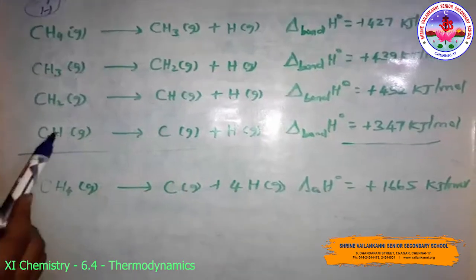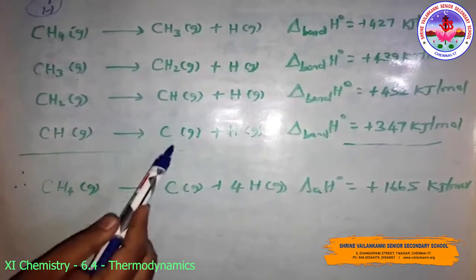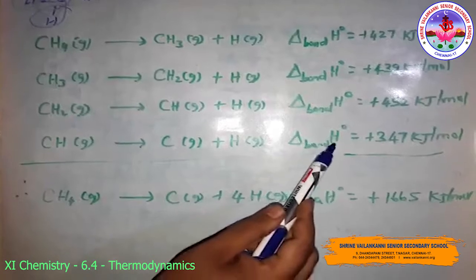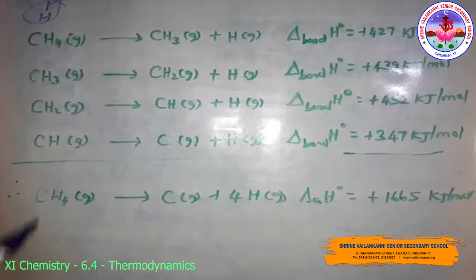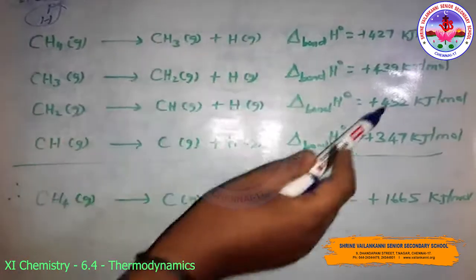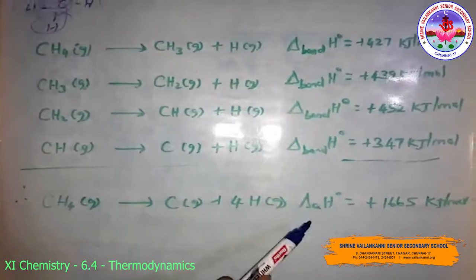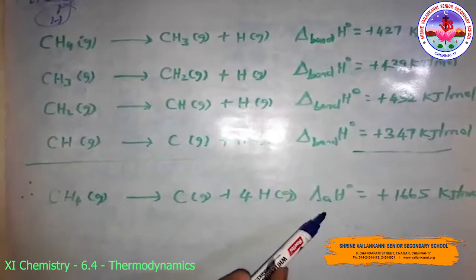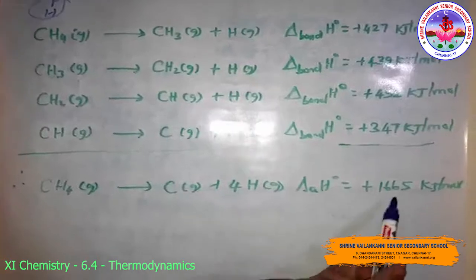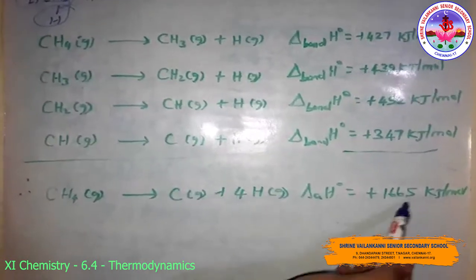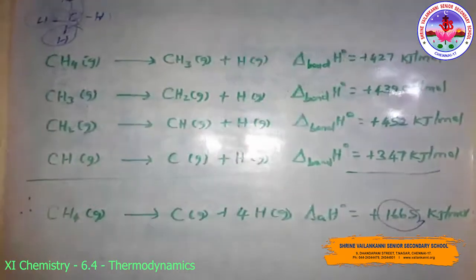Then CH gas dissociates into C gas and H gas. So the bond enthalpy is plus 347 kilojoule per mole. Therefore, adding these bond enthalpy values, we get the enthalpy of atomization. So the value is 1665 kilojoule per mole, same as this.